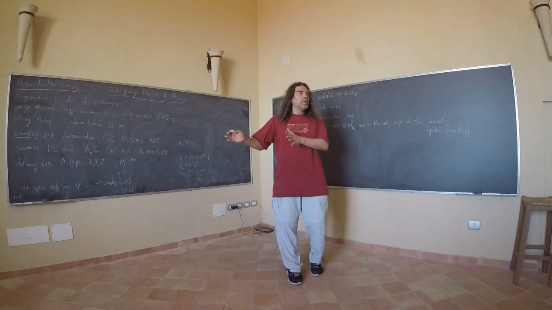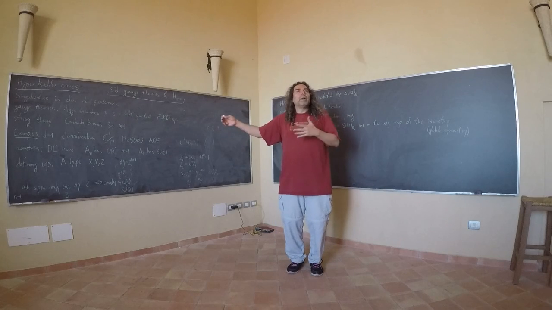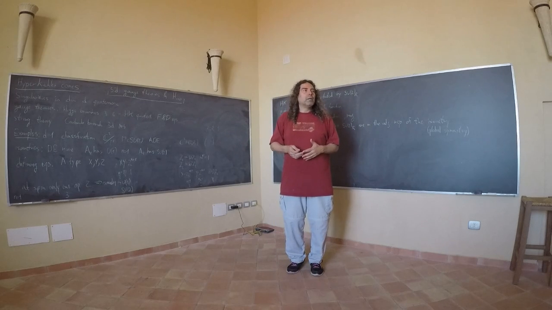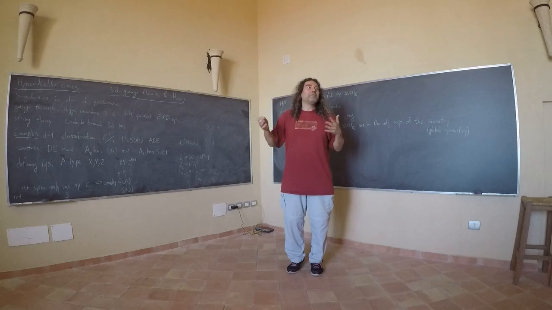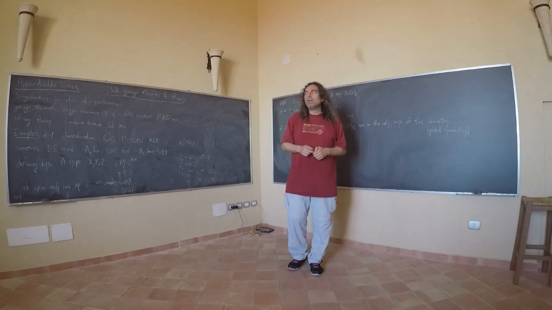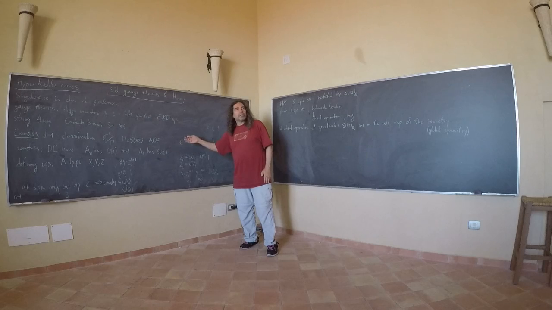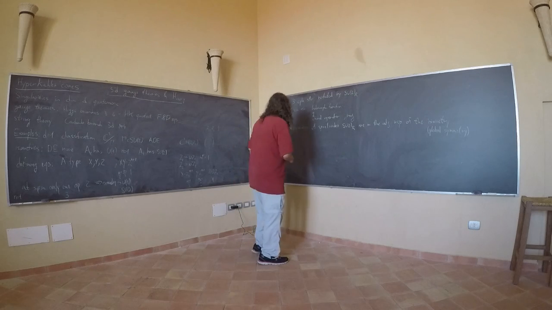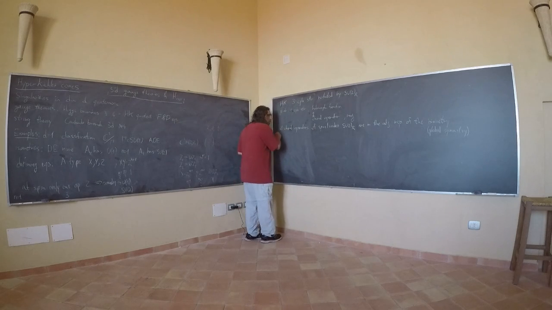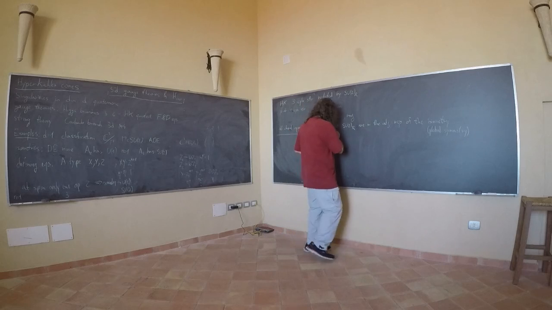So here we're kind of lucky, or maybe unlucky, in the sense that there are very few explicit constructions, and whenever you have an explicit construction, you could use other techniques to verify certain statements. Okay.